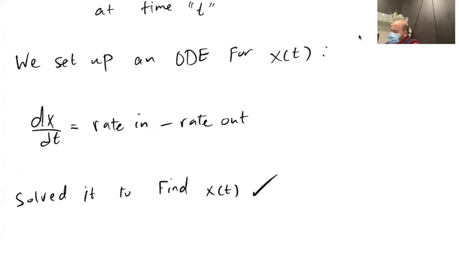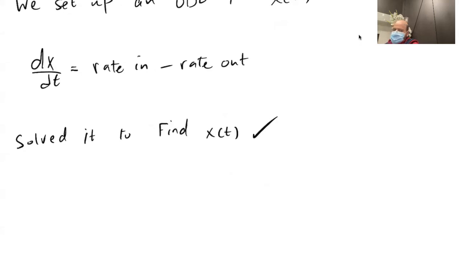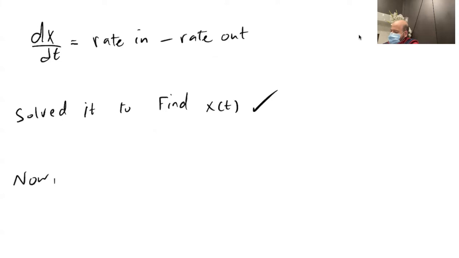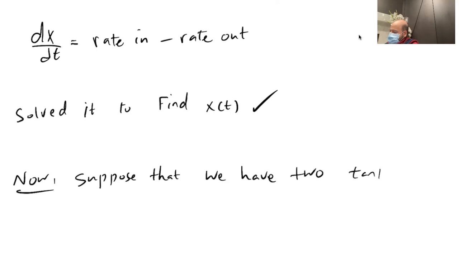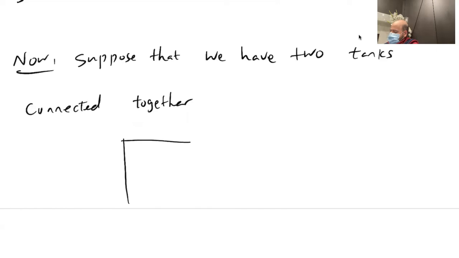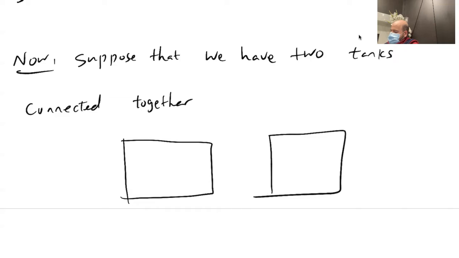So now we want to see if we have, let's say, two tanks connected together. So now suppose we have two tanks connected together. So one tank here, one tank here, and these two are connected with some pipes, let's say.